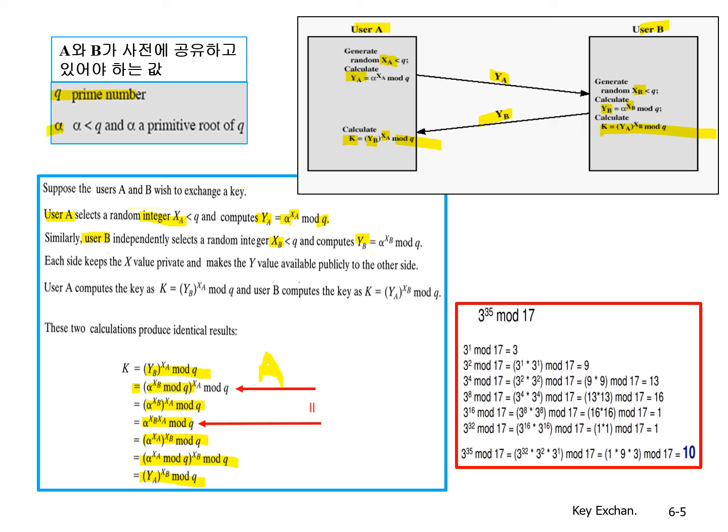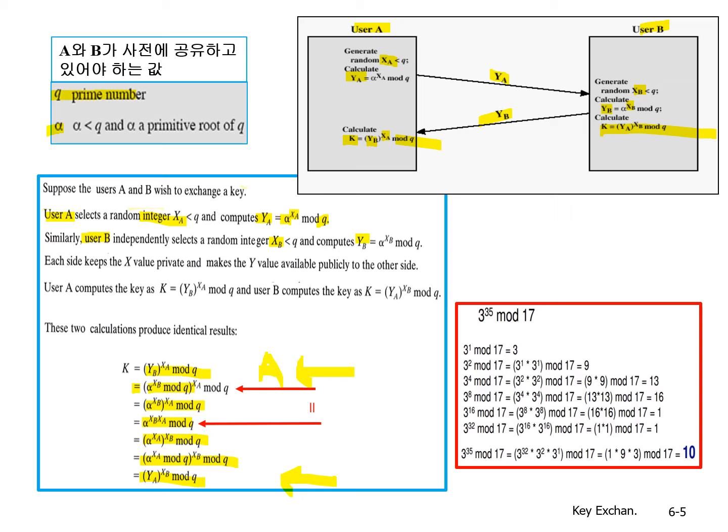User B calculates the shared key K when it receives YA from user A. Then we can see these equations result in the same result.